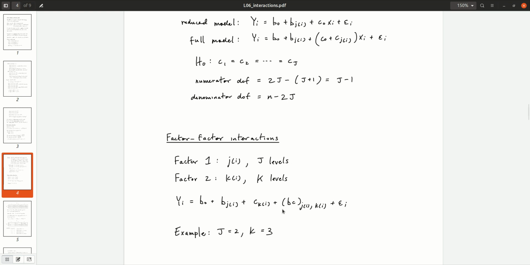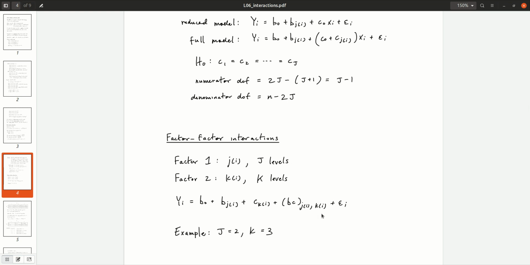All we mean by this, and we'll write these out in a second, is that this is a single parameter, which is why we put it inside of these quotations here. So it's not like we're taking the product of B and C. This is just notation for a parameter that is indexed by the level of the first factor and the level of the second factor.